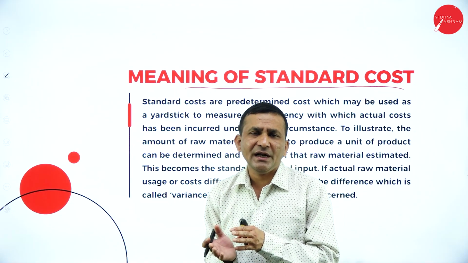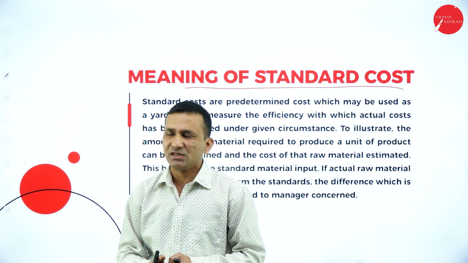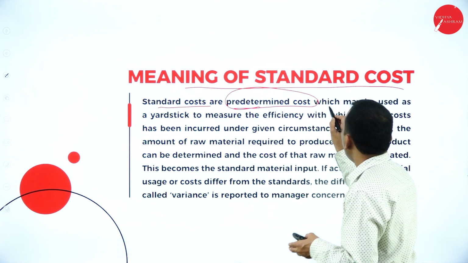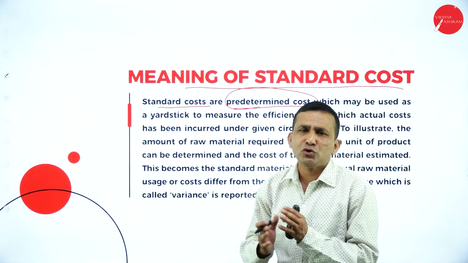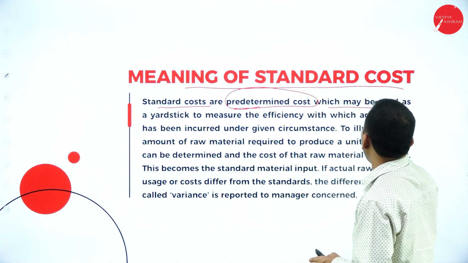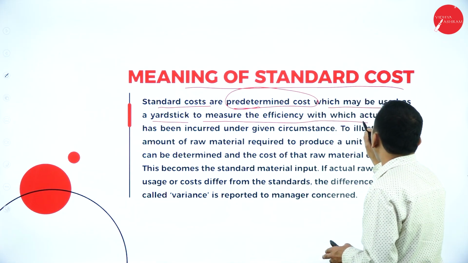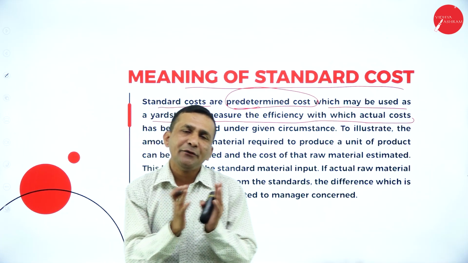Standard costing is of course a predetermined cost, set by the management. Then only are we able to compare it with the actual, which is used as a yardstick to measure the efficiency of the actual cost. Unless you set a standard, we cannot compare.